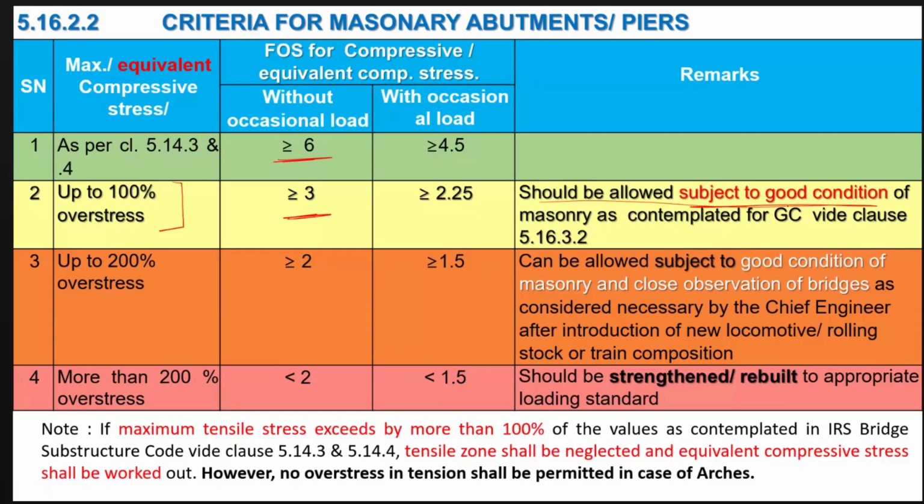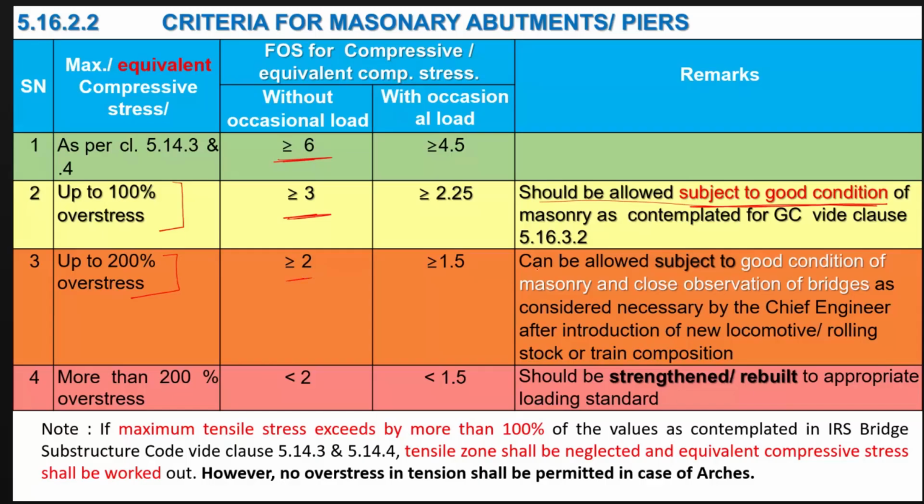Again, the physical condition of the masonry should be good, as contemplated for GC by clause number 51. The same GC also speaks about the same condition. Up to 200%: if the overstressing is 200%, it means we have reduced the factor of safety further, up to 2.